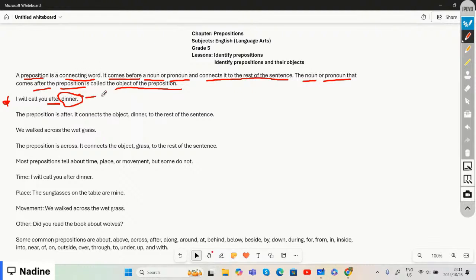We also say that dinner is the object, because remember, the noun that comes after the preposition, we call the object of preposition. And we can connect that to the rest of the sentence. You're welcome.